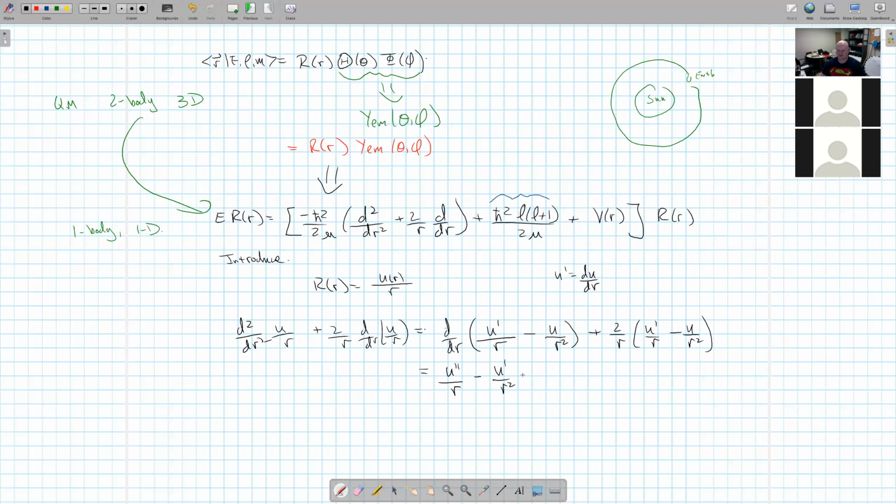And I'm going to take a derivative of this, so this gives me a minus u prime divided by r squared, and I'm going to get a plus 2u divided by r cubed. So that's that term. Now I'll expand this term, so I'm going to get a plus 2u prime over r squared minus 2u over r cubed.